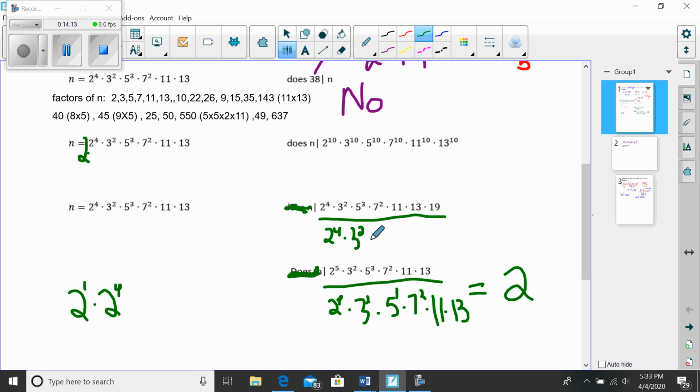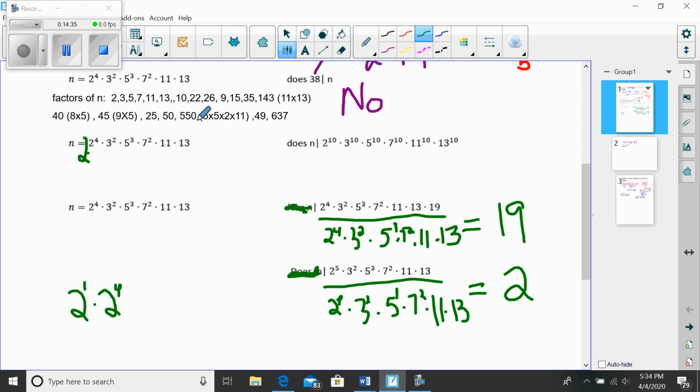And it is, because I can put n down in the denominator, and all of these things will cancel, and when I complete this division, it will leave me with 19. So if I take n and just multiply it by 19, I found a multiple.